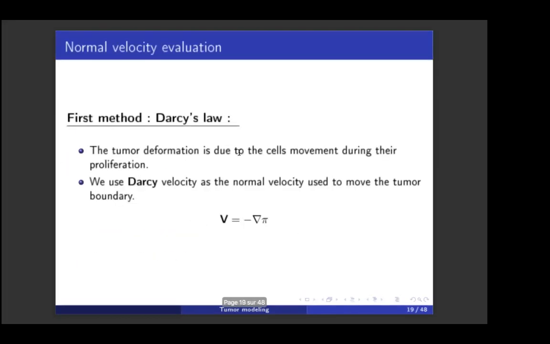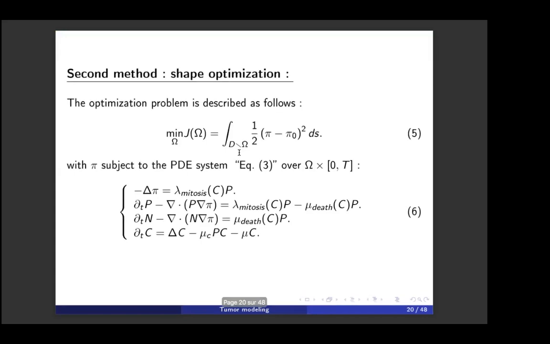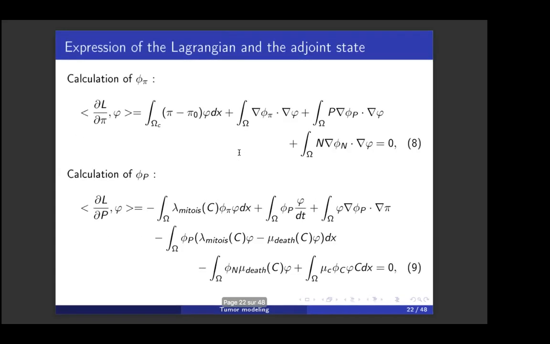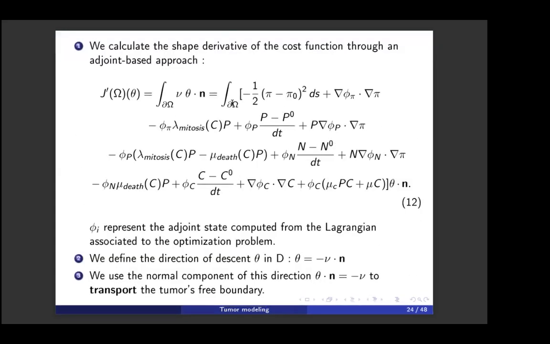We have to prove the existence of this derivative in some space. And I think it is possible because we proved the same results for another problem before.